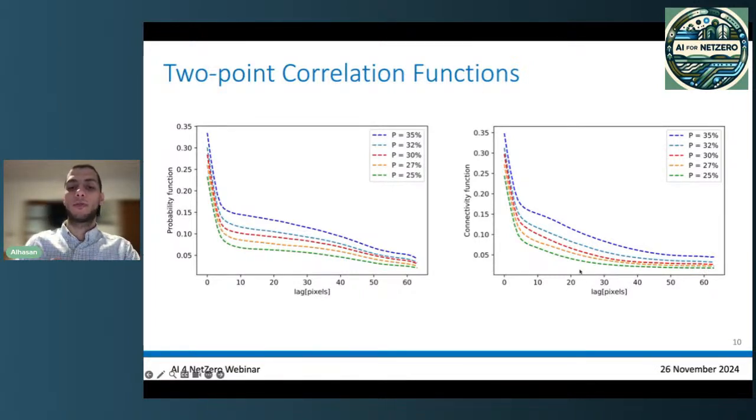The same also holds for the connectivity function, except in this case, it's more likely to find 2 points that are connected together. But we can also see the same kind of trend when we increase the target proportions from 25% to 35%.